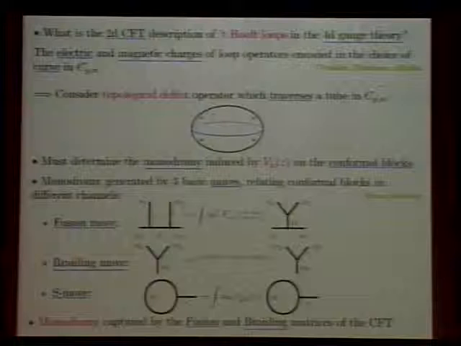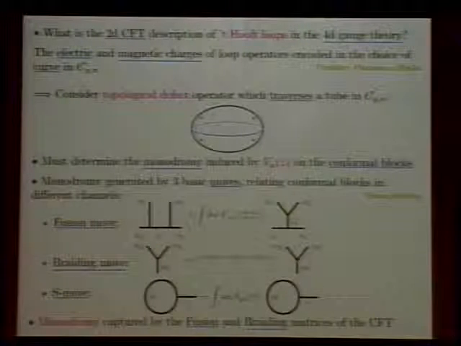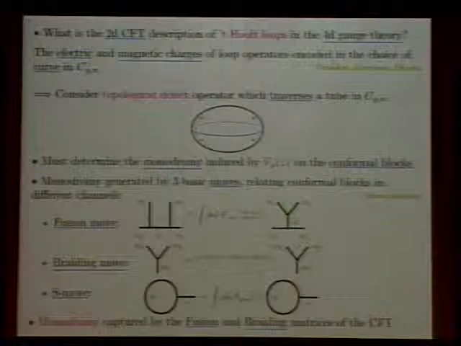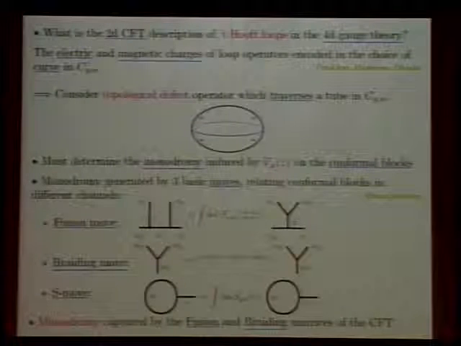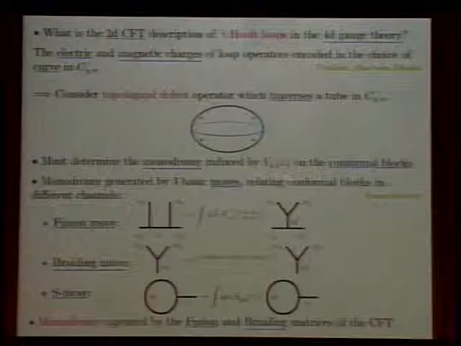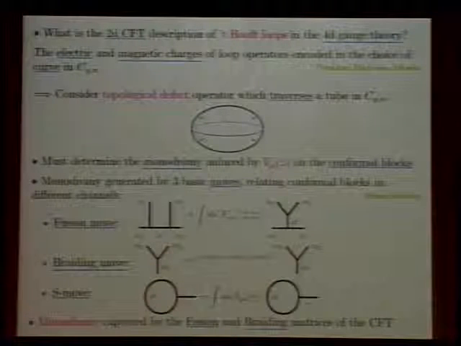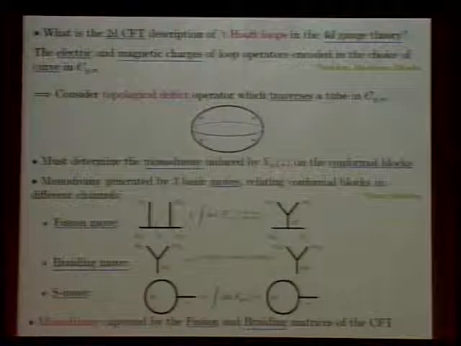So essentially what we have to do, remember that I said that the topological defect, more abstractly, what it does is compute the monodromy action of a chiral operator in the CFT acting on the conformal blocks. So what we have to do is compute the monodromy induced by a chiral operator in the CFT, which carries the quantum number of the corresponding topological defect, acting on the conformal blocks.